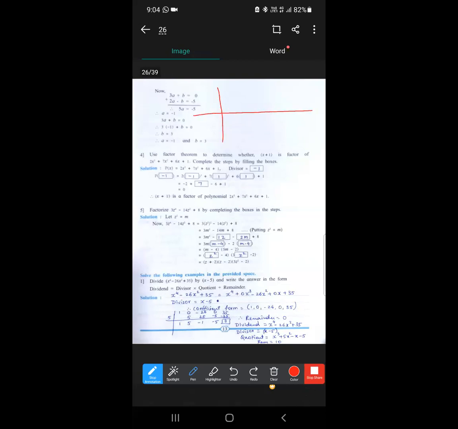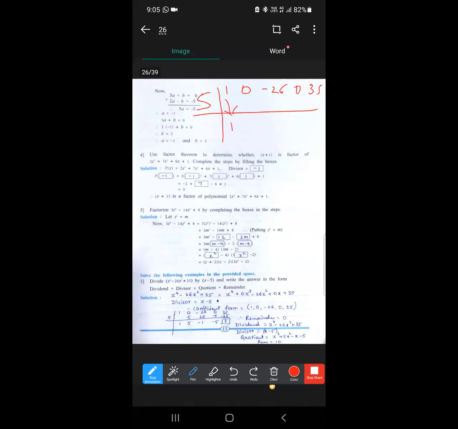You need to write it like this: 1, 0, minus 26, then 0 and 35. These are the coefficients of the given polynomial. And the divisor is x minus 5, so it will be positive 5.